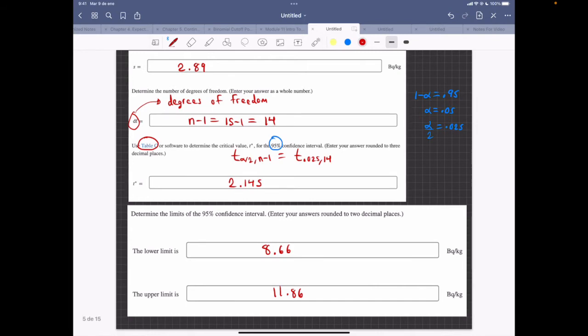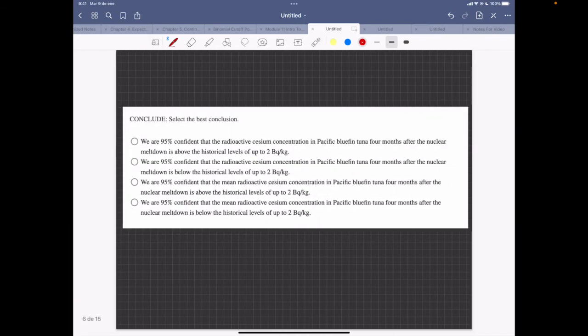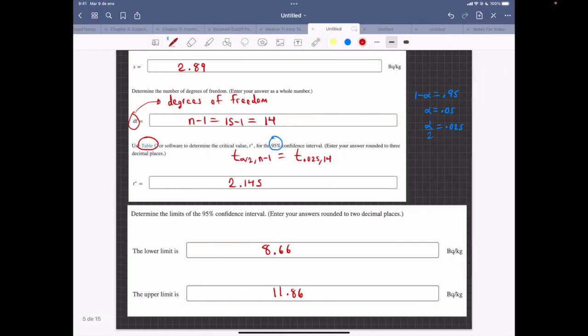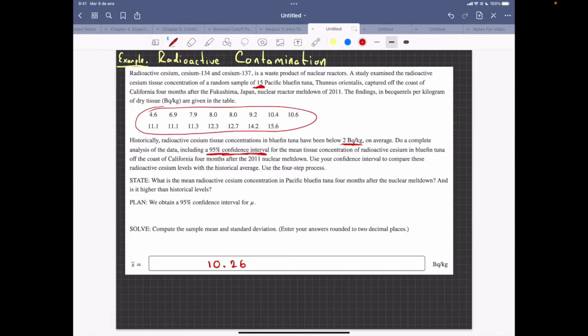And then finally, select the best conclusion. We are 95% confident that, what are we talking about here? We're talking about the mean tissue concentration of radioactive cesium, right?